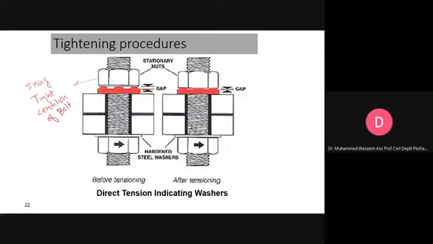This is not pretension yet. So you apply the torque, and this gap will be reduced, and this gap is a function of the torque. So it can indicate that the bolt found in the field is already pre-tensioned. This is before the tensioning, this is after the tensioning. So these are direct tension indicating washers. These are the examples of the tensioning methods.